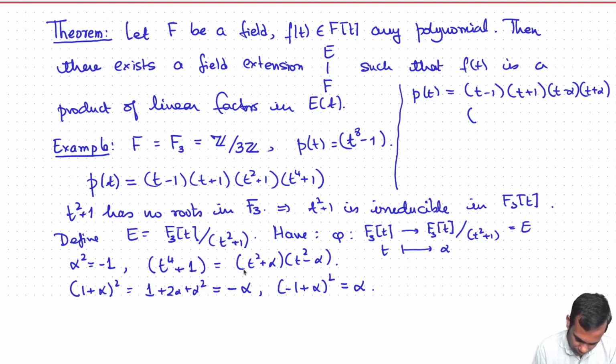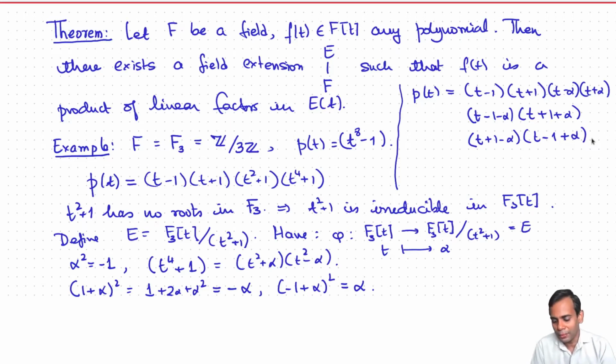So t to the 4 + 1 is (t squared + alpha)(t squared - alpha), and t squared + alpha has 2 roots, namely the square roots of -alpha, which means that we will take (t - 1 - alpha)(t + 1 + alpha), and then we have factors corresponding to the other, which is (t + 1 - alpha)(t - 1 + alpha).